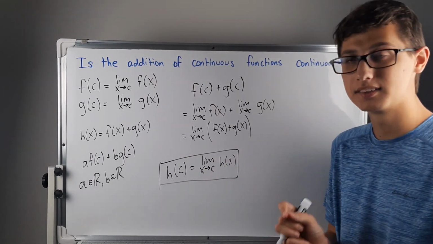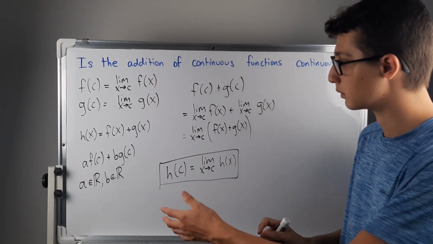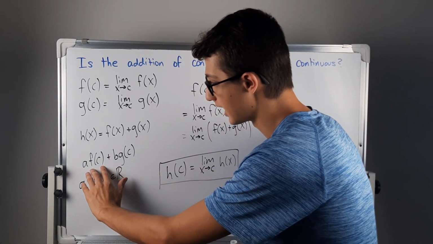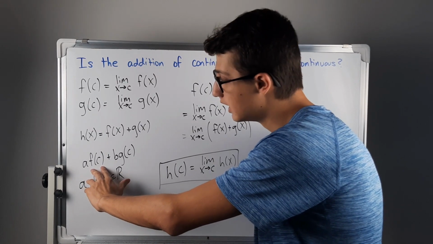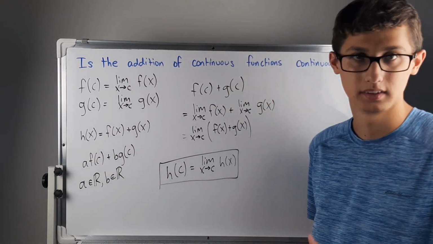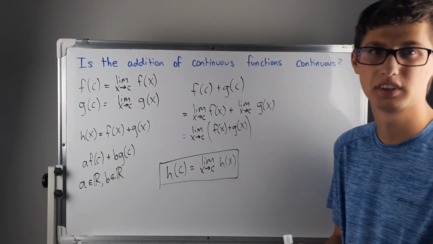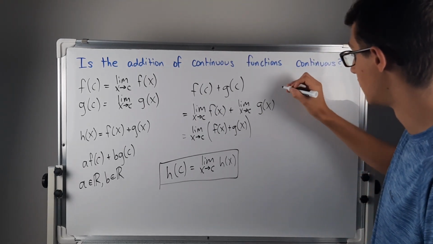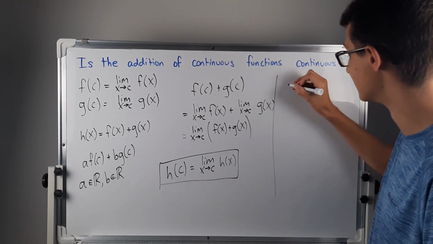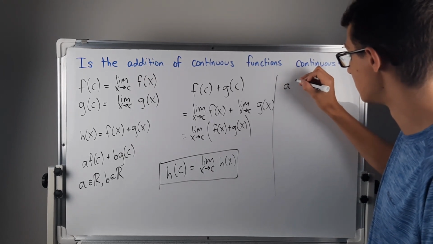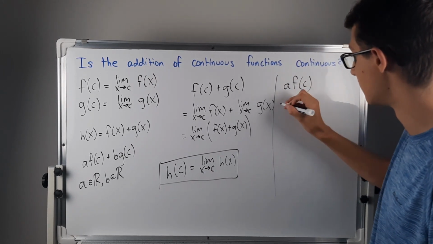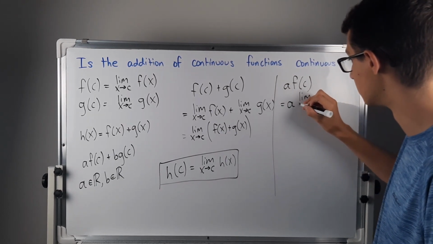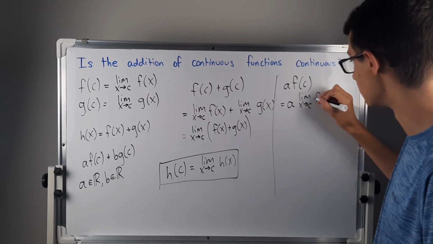So essentially, what we need to figure out is, if f of x is continuous at x equals c, does that mean that a f of x is also continuous at x equals c? Well, that's also pretty easy. We can simply use the fact that if we have a f of c, this is going to be equal to a times the limit as x approaches c of f of x.